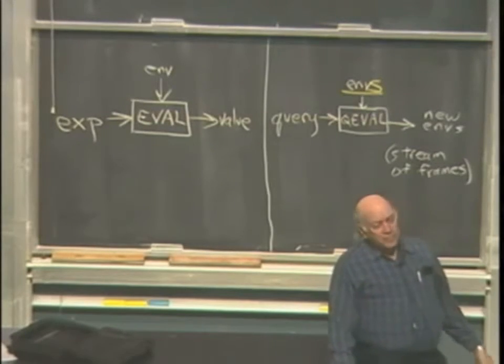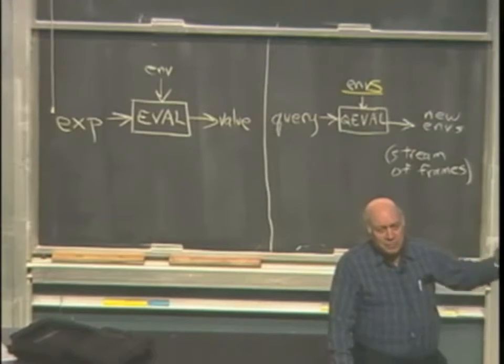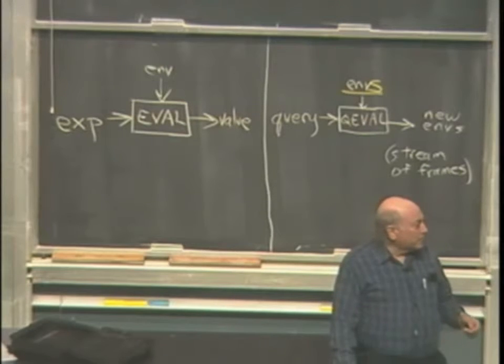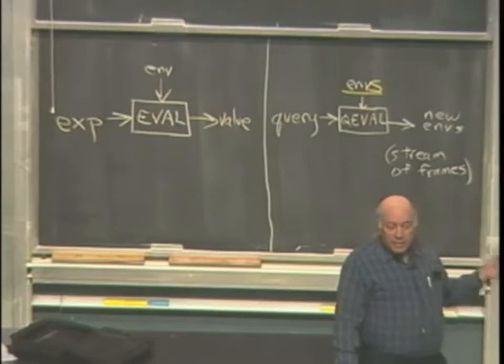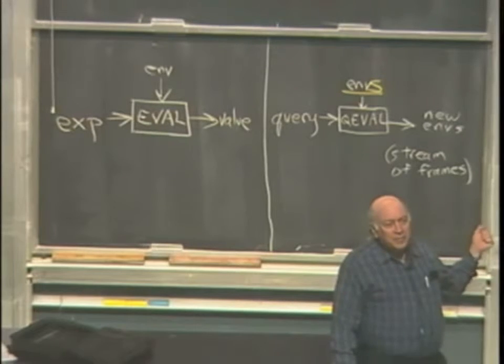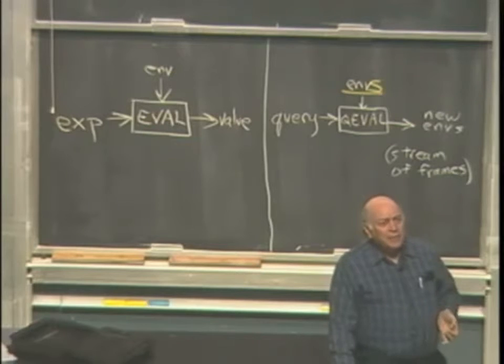OK, so an environment is a single frame. A frame is, just like a scheme frame, almost. I'll talk about that in a second. And the input and the output from QEval is a stream of frames. Now, how could it be infinite?